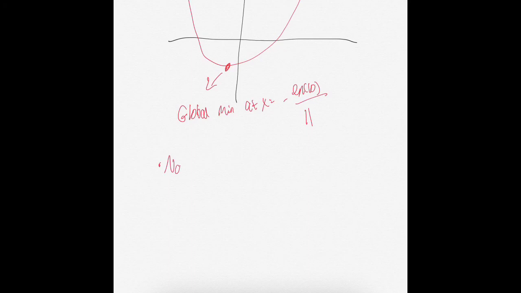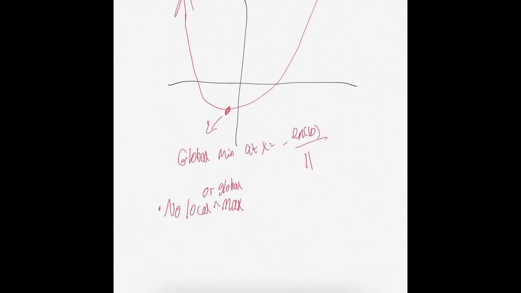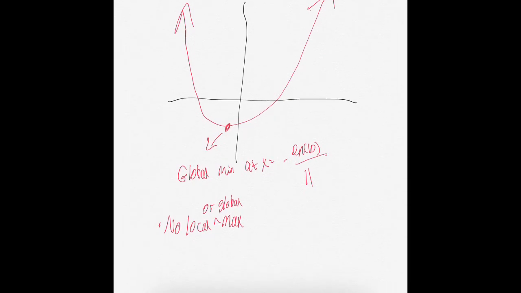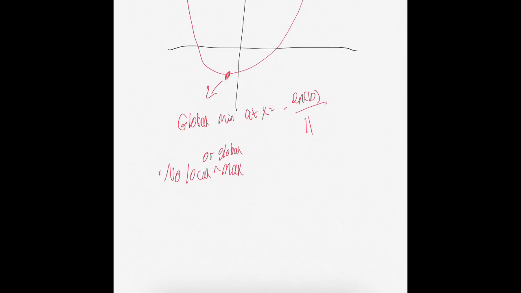I am not going to go through and solve at this point for what that is. So it definitely has no local maxes, or it actually can't have a global max either. No local or global max, because as it approaches negative infinity or positive infinity, it's going to keep growing in either direction.